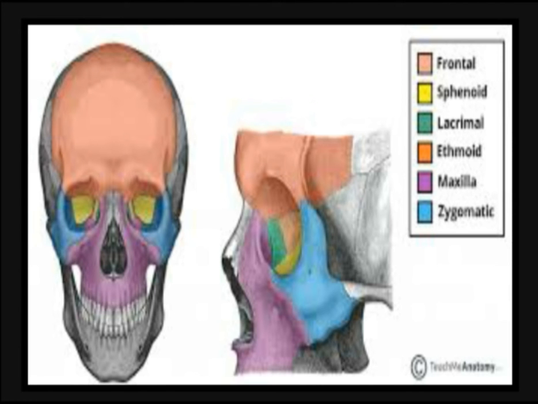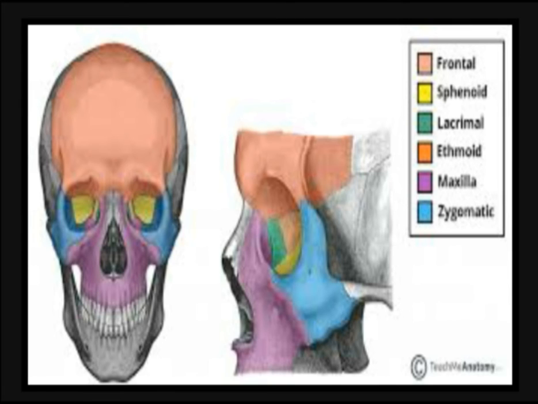Here you can see the light orange part is the frontal bone, then the yellow part is sphenoid, then the green part, as you can see in this temporal side view of the image, is the lacrimal bone, and the dark orange part is ethmoid.